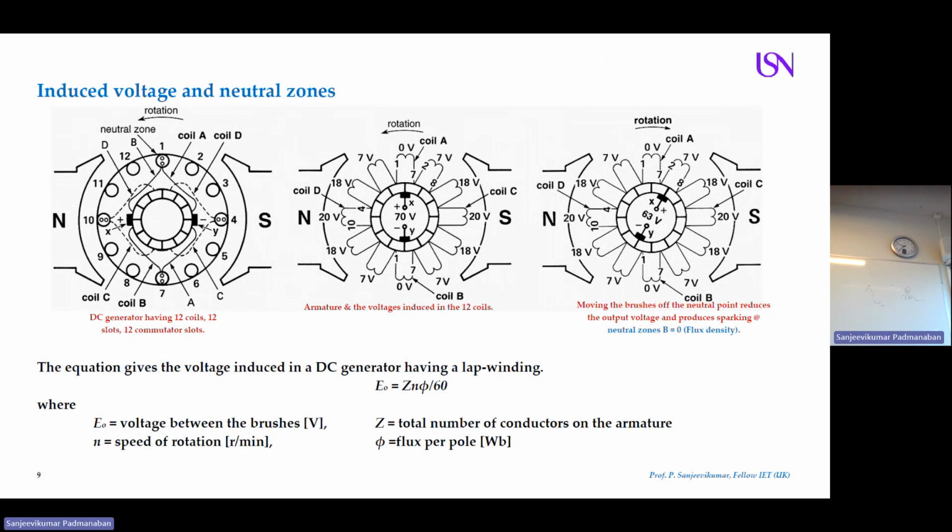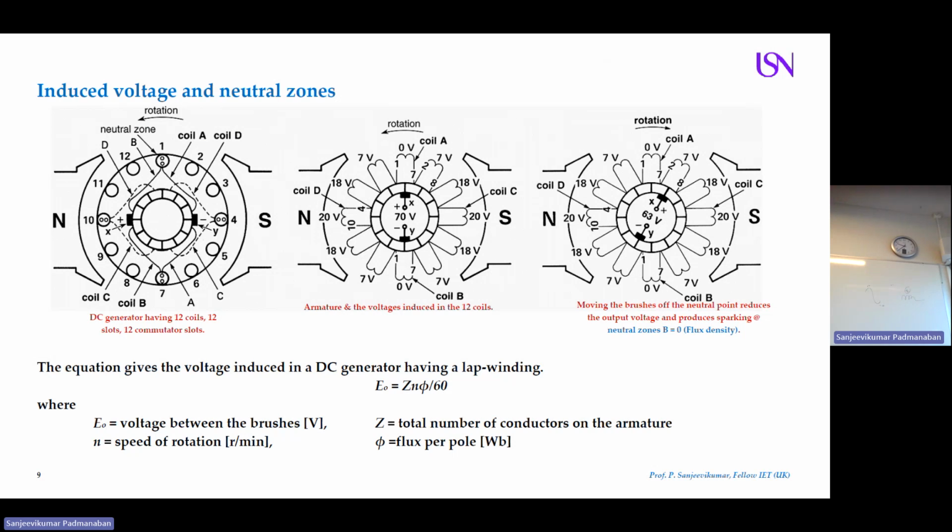Then how to calculate the induced voltage? The induced voltage for a lap winding is given by Z into N into phi by 60. Where Z is the total number of conductors, phi is the flux, and N is the speed of rotation of your armature.